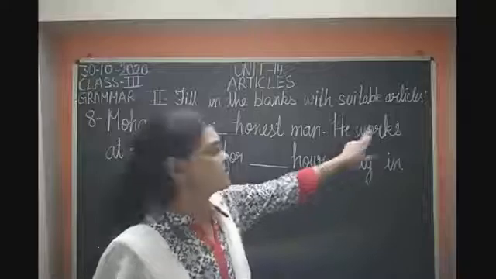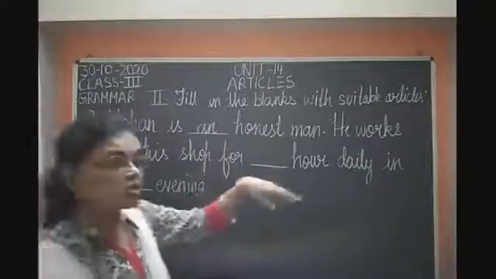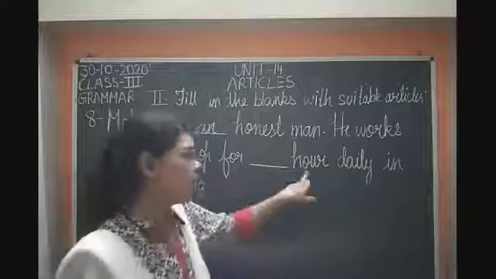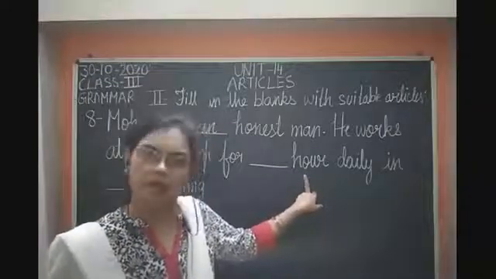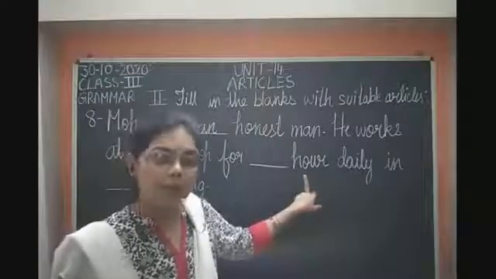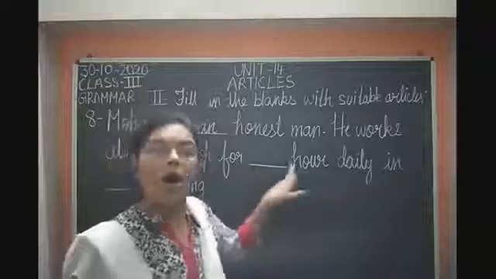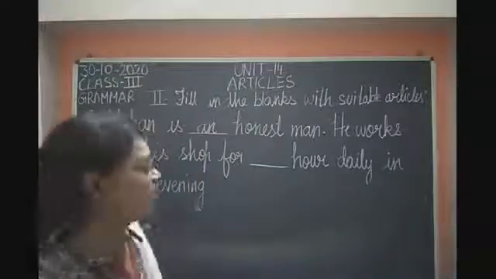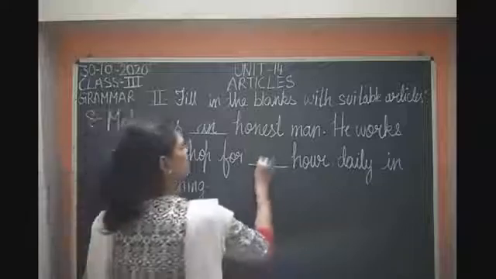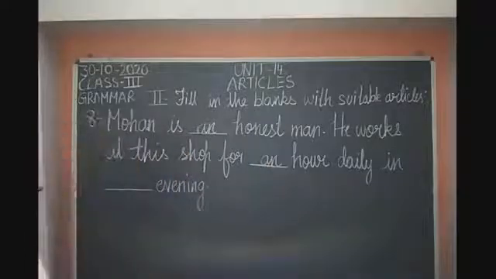Then the second sentence: He works at the shop for dash hour. Again, the spelling of hour has H, but when we pronounce this word, the sound of O comes. No sound of H is coming, the sound is of O, which is a vowel. So again, we will use the indefinite article an.